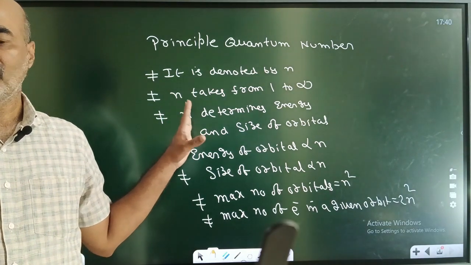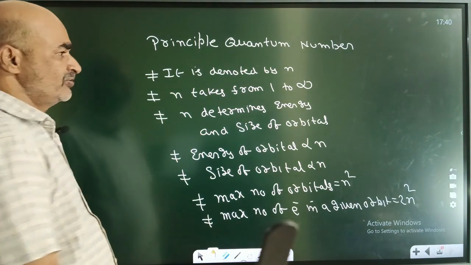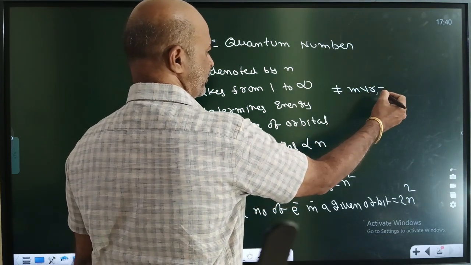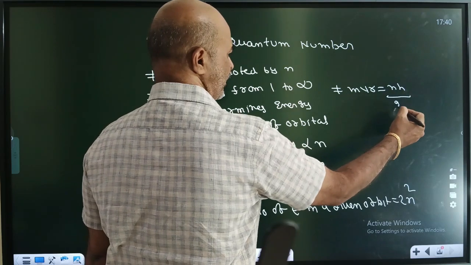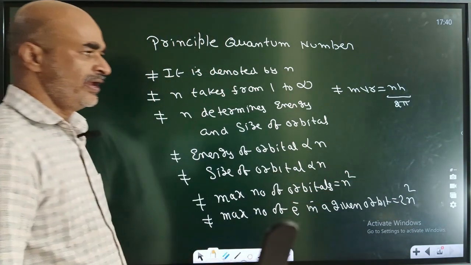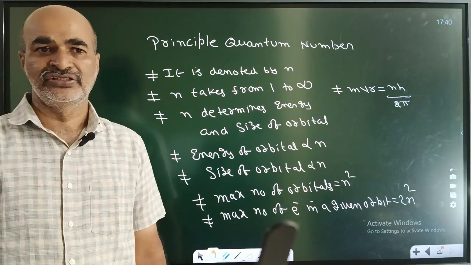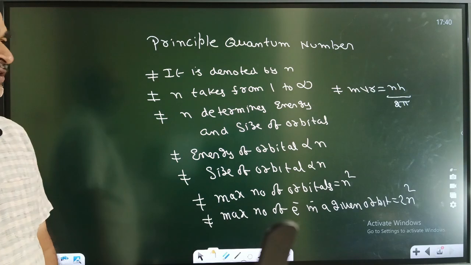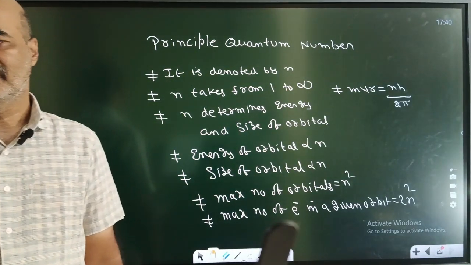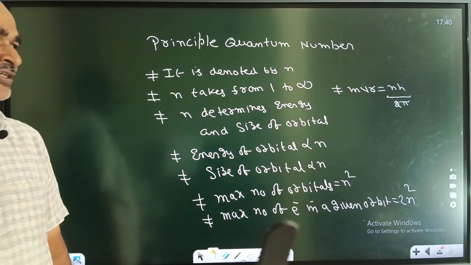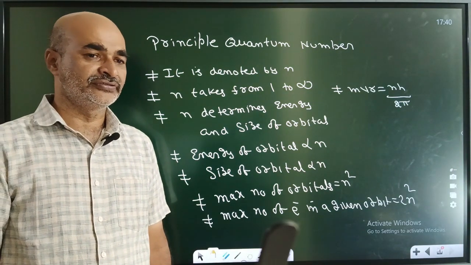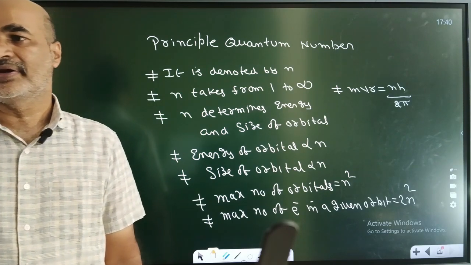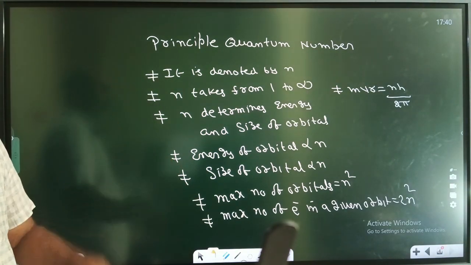This is the principal quantum number. Angular momentum mvr is equal to nh divided by 2 pi, where n is the first orbit, second orbit, third orbit, that is, integers 1, 2, 3, 4, and h is Planck's constant.